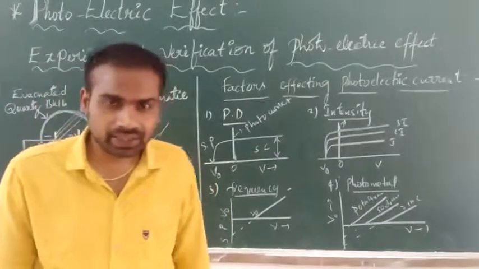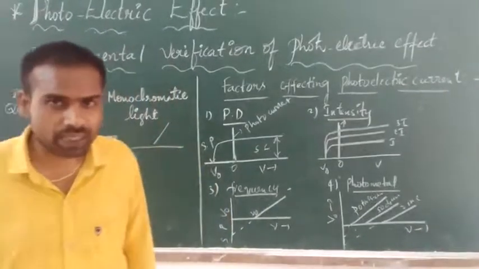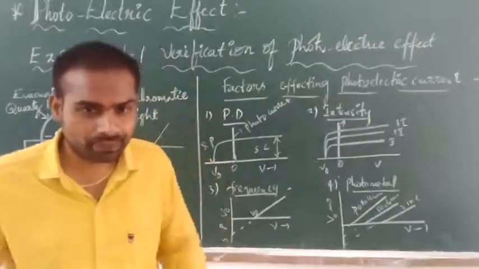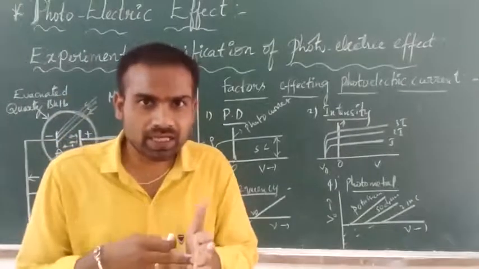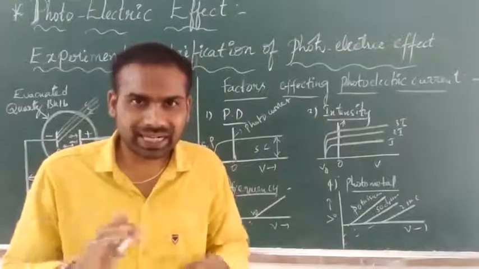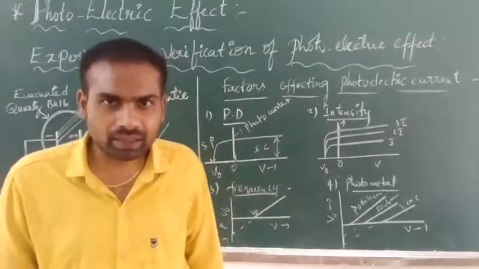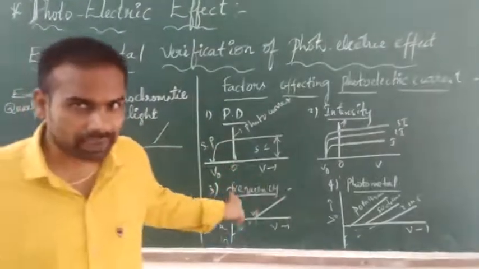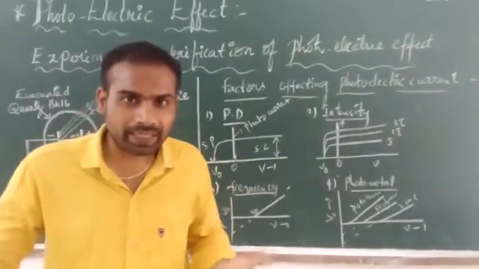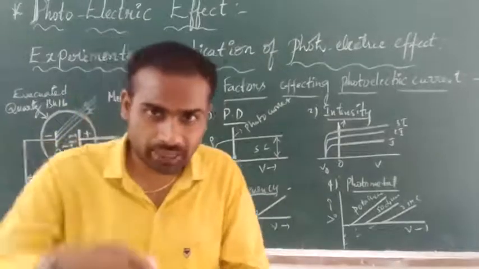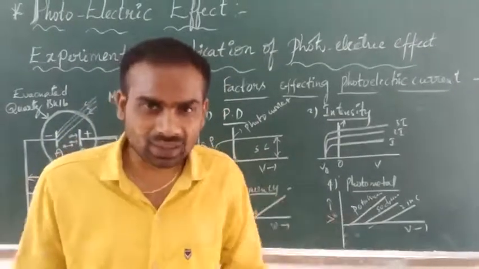This experiment proves that when light falls on a metal surface, spontaneously a current is indicated in the galvanometer. So this experiment shows that when light falls on a metal surface, it will eject electrons.